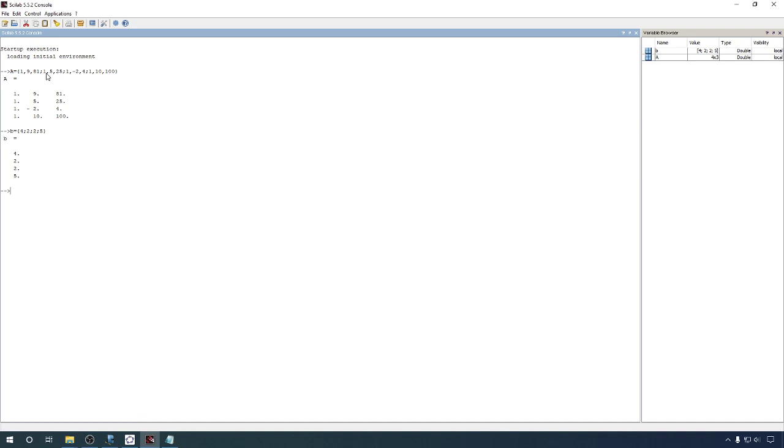So remember our formula for how we actually solve that. We're going to take A transpose, transpose meaning A prime. I have to tell it to multiply that by A, and then I want the inverse of it. Do that by putting it into the function inv.